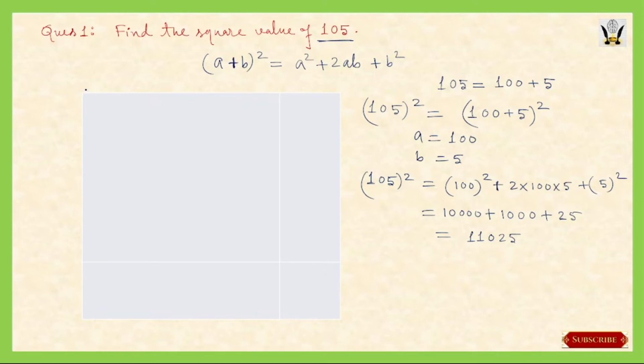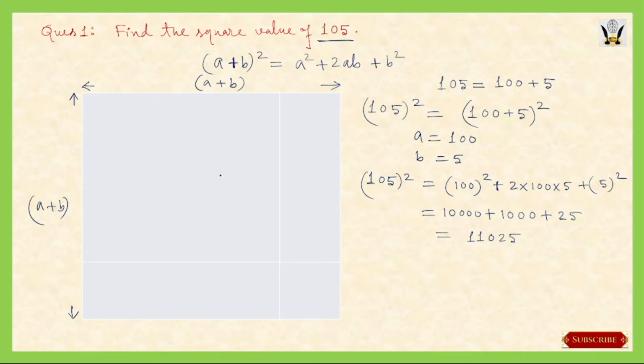From this corner to here, the measurement of this side is a plus b, and since this is a square, the other sides are also a plus b. Now the area of this square will definitely be (a plus b) whole square.